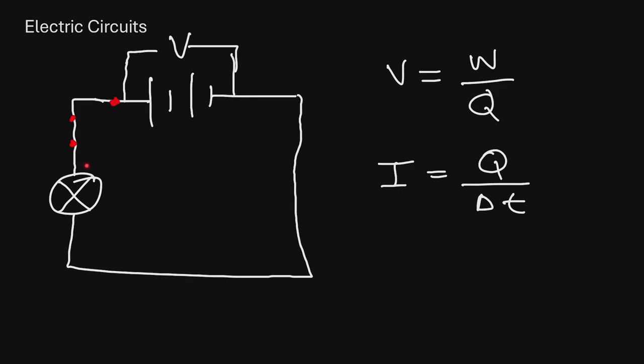So resistance simply means something that resists what? The flow of charges. So when the charges get into the resistor, they are going to start to flow very slowly. That is because they are interacting with the particles of that resistor. And that is what we call the resistance of the circuit.